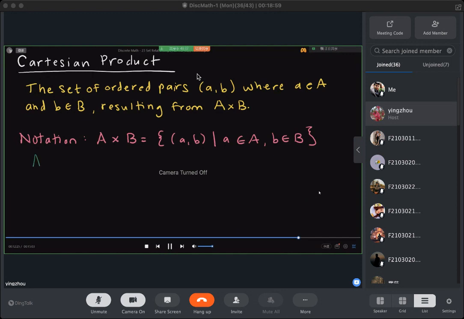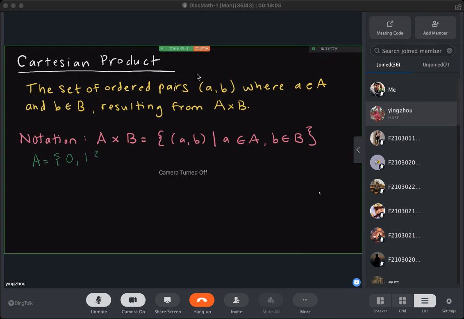So let's say set A is 0 and 1, and set B is 2, 3, 4. What a Cartesian product tells us to do is it's going to be all of the ordered pairs that I can create using one element of A and one element of B. So I could have 0, comma 2.